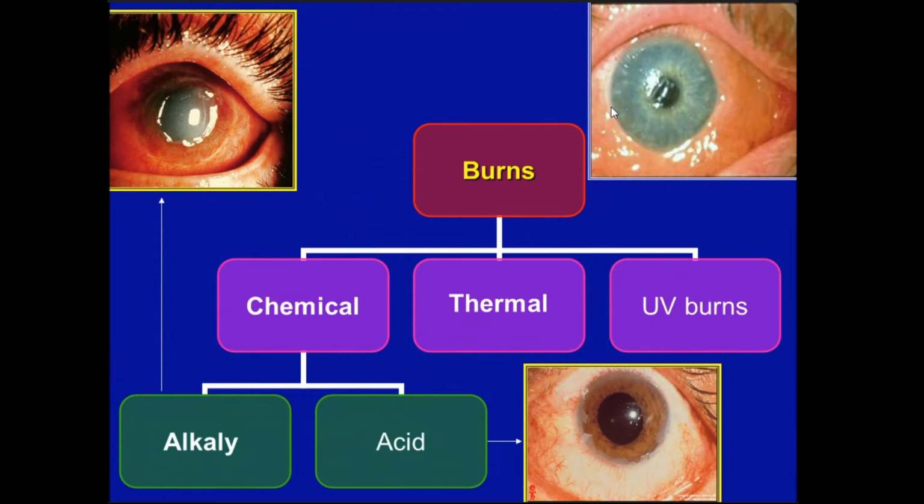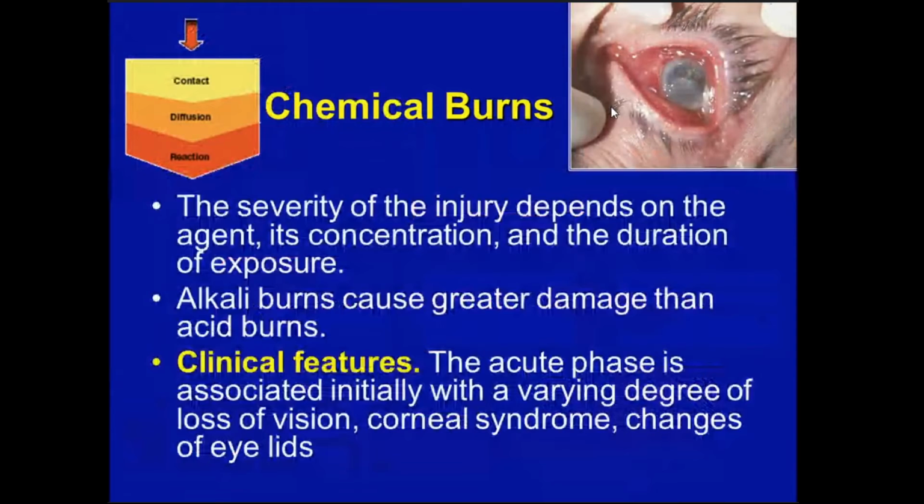As for the chemical burns, we can divide all burns on alkaline and acid. Chemical burns are more severe, and severity of the eye burns depends on the agent, its concentration, and duration of exposure.